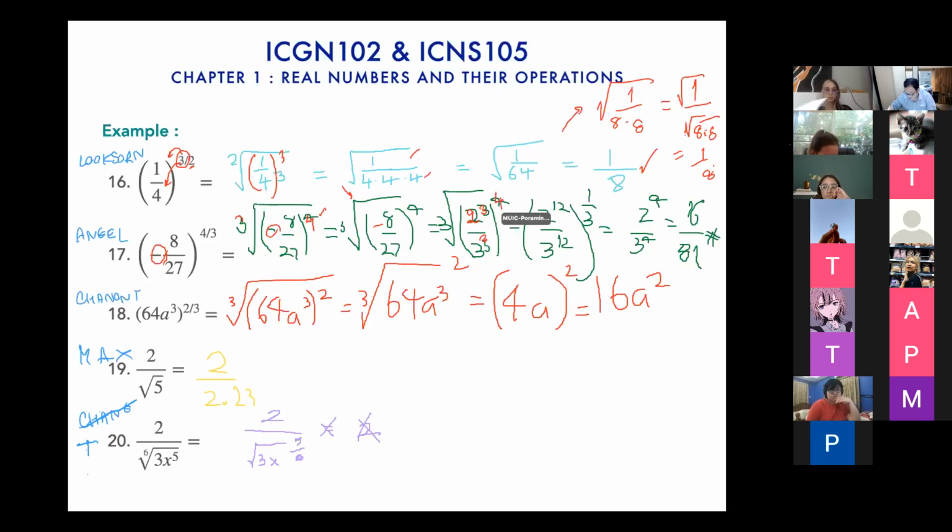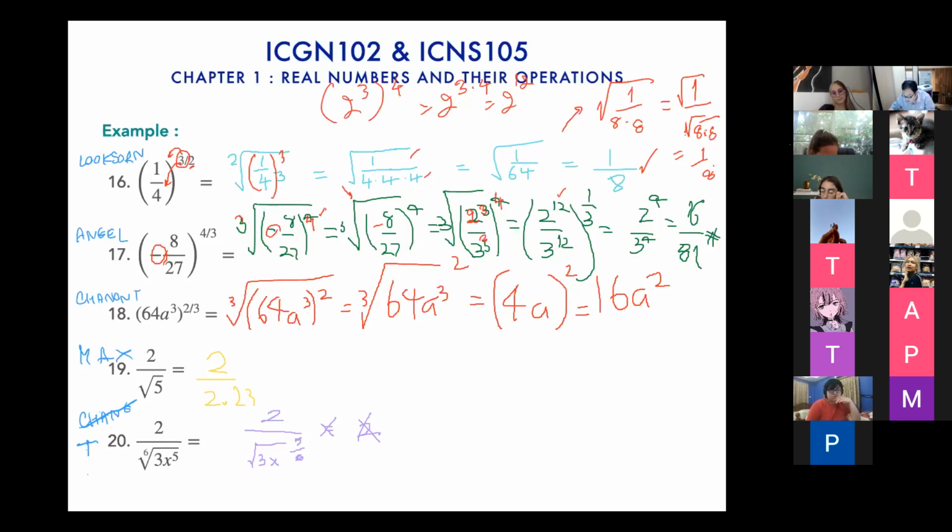After that, she distributed 4 into each term, so it will be multiplication. Because 2 to the power of 3 altogether to the power of 4 is 2 to the power of 3 times 4, that is 2 to the power of 12. Yeah, this is correct. And for 3, 3 to the power of 3.